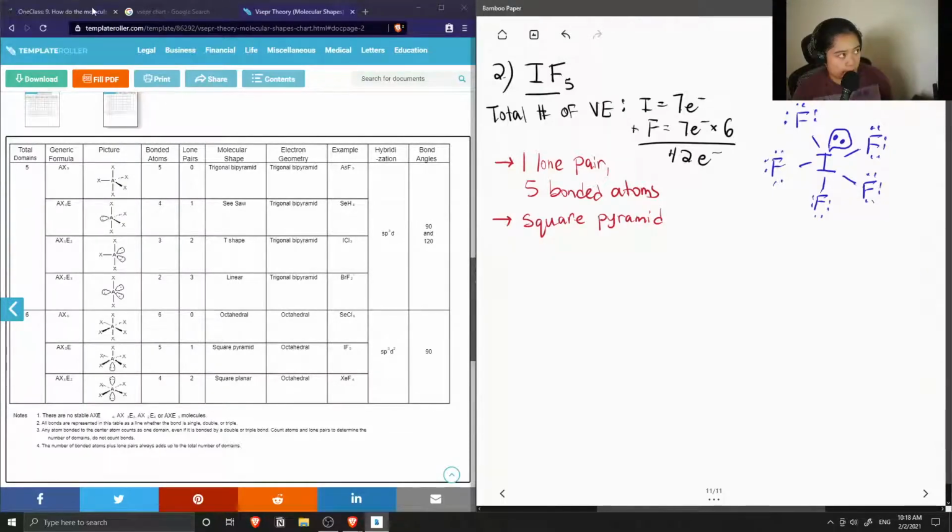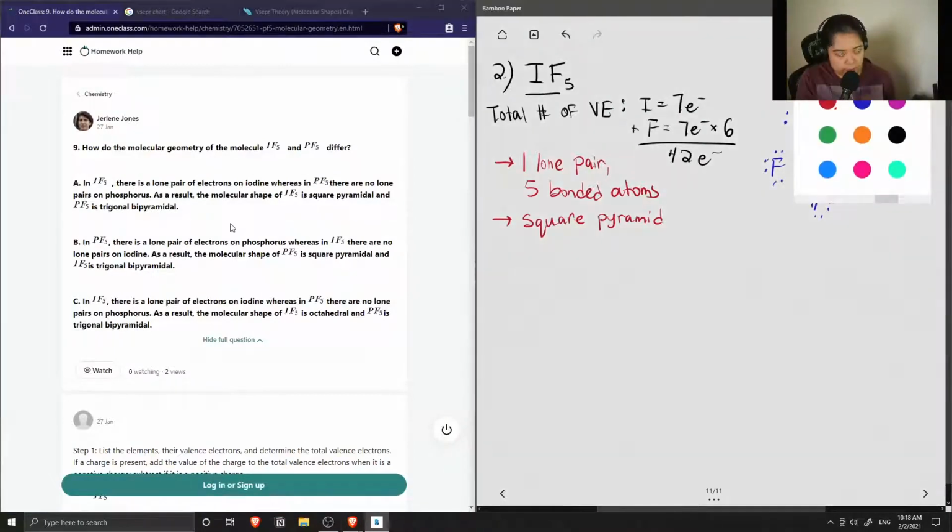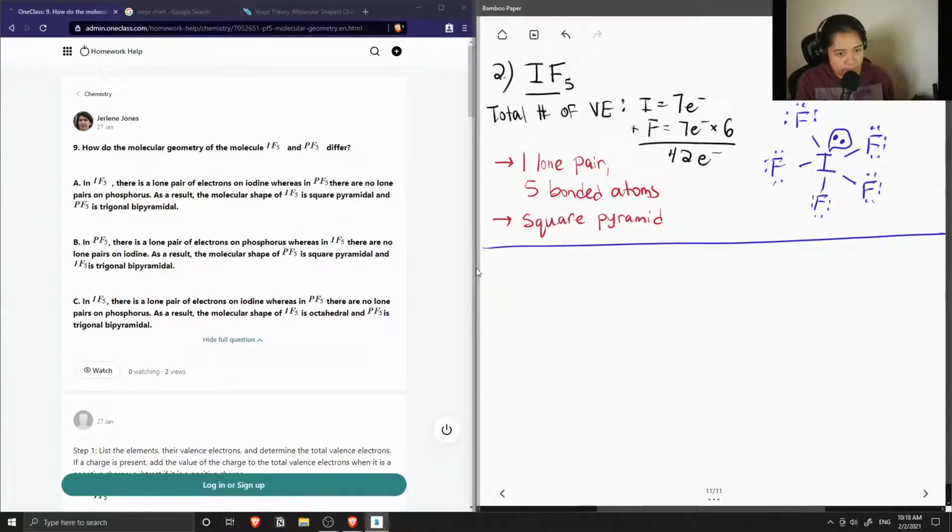Okay, so now let's do the same thing for phosphorus pentafluoride. So again, we need to calculate the total number of valence electrons.